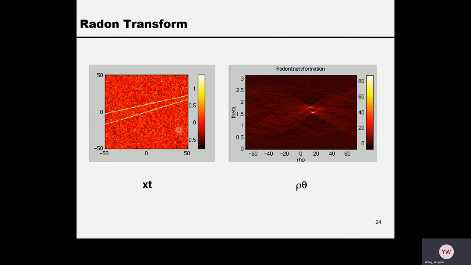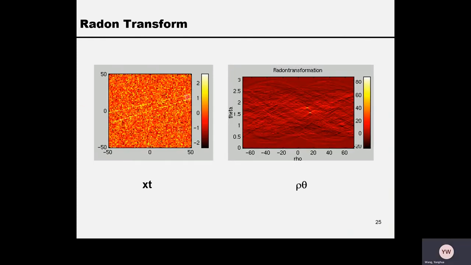Further example here, the same two lines that have strong noise. You can see these two lines become two dots here. And if you somehow preserve these two dots and then do the inverse radon transform, you get rid of all the random noise. That's an effective way to improve the signal-to-noise ratio of the image.